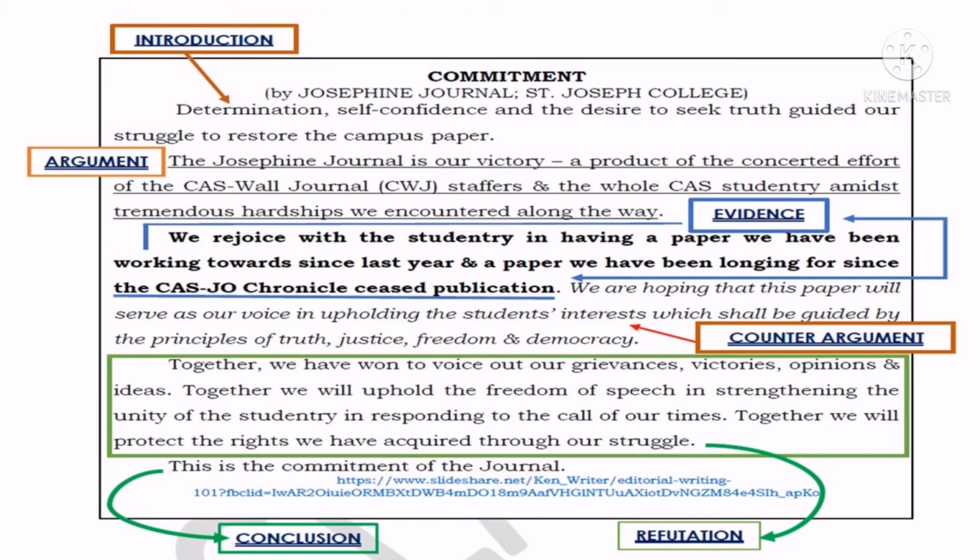After the evidence, we have the counter argument. Then the next paragraph is the refutation. And the final paragraph is what we call the conclusion. So again, this is an example of an editorial.